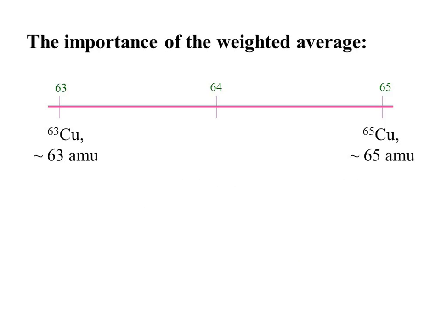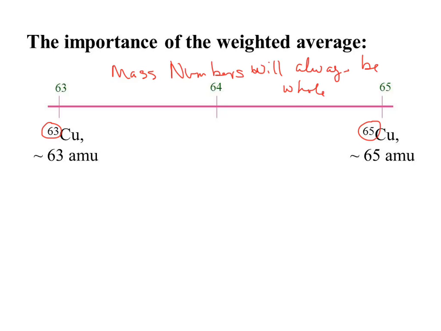Oh, by the way, see if this is an important distinction. This 63 and this 65, those are mass numbers. And what we talked about on Friday, they will always be integers. Whole numbers, how's that? Mass numbers will always be whole numbers. Why?